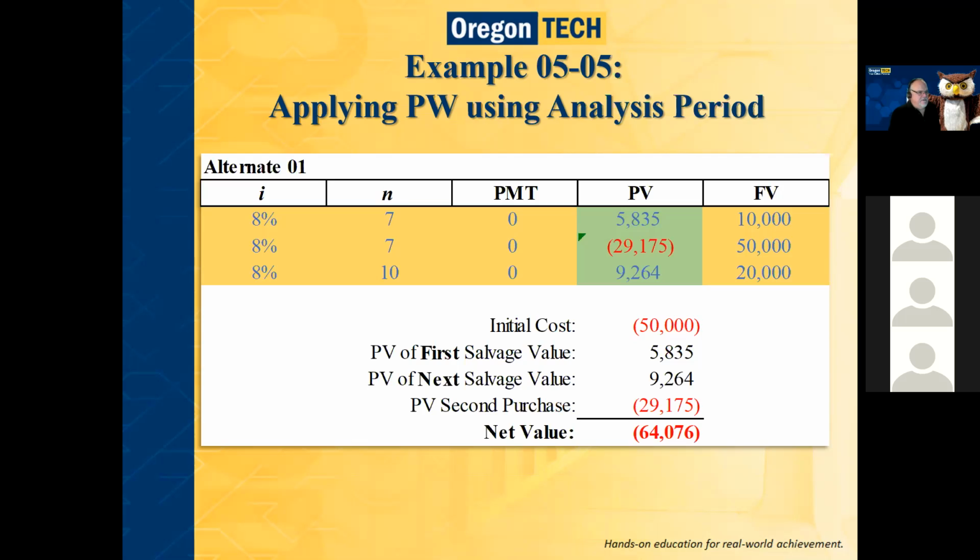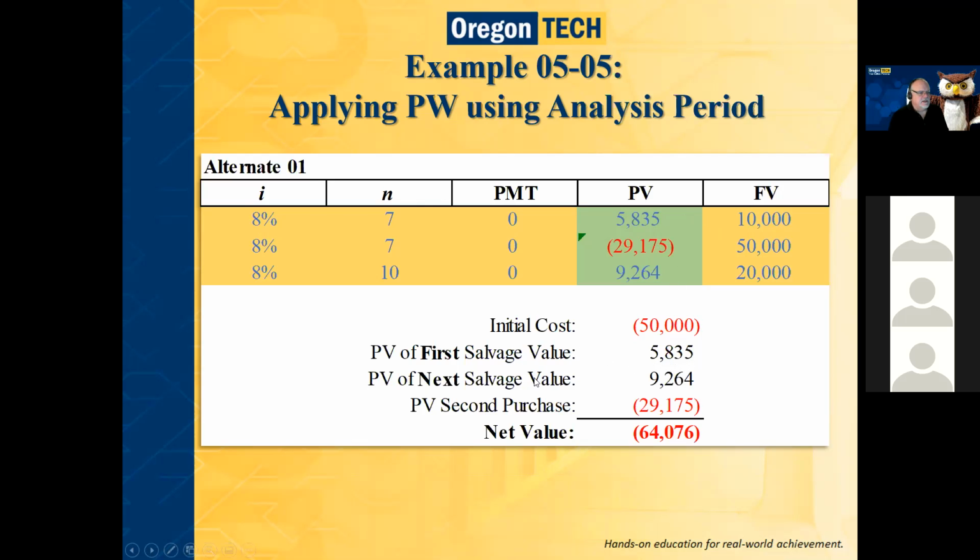So your useful life is 7. Interest rate is 8. No payments. You got a future value for the salvage value. In 7 years, you can sell it for $10,000. The present value of that $10,000 over 7 years, 8% is $58.35. So that's the first salvage value.